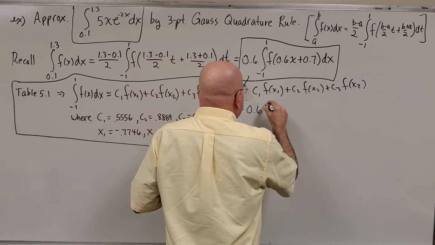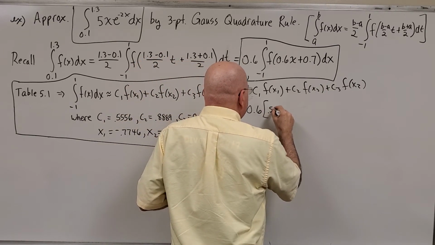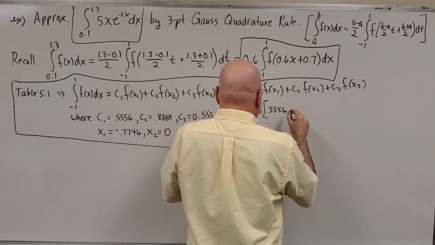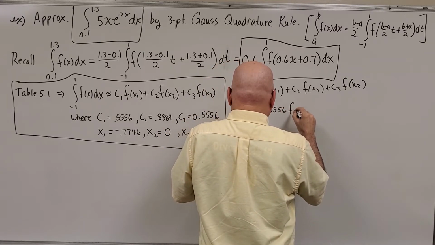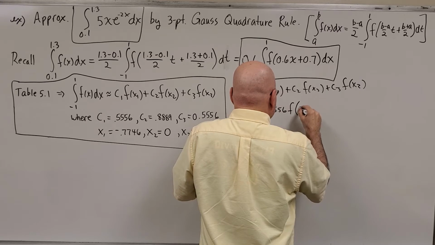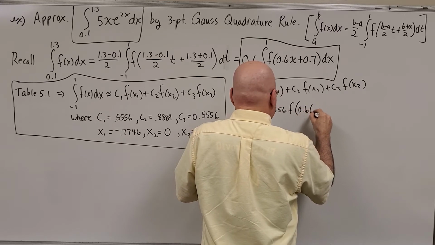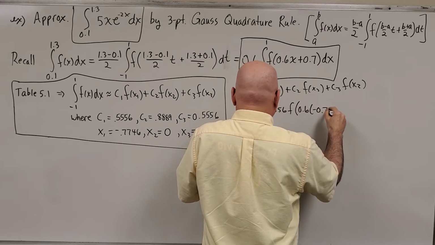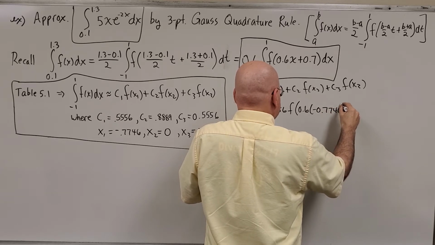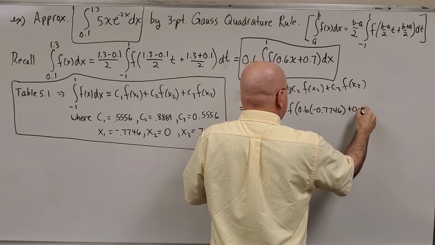Okay, so in brackets, 0.5556 times f of 0.6 times negative 0.7746 plus 0.7.